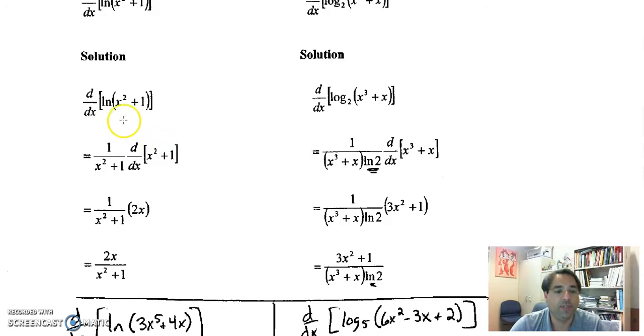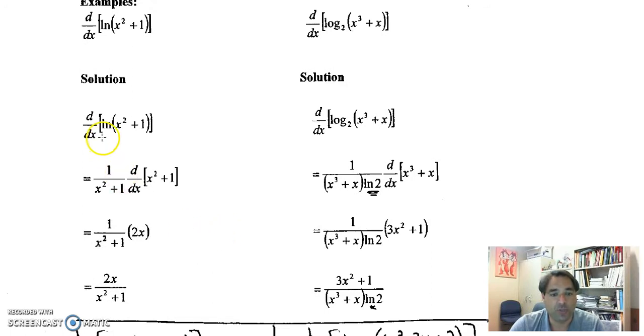So for this example, the derivative of natural log of x squared plus 1 would be 1 over x squared plus 1 times the derivative of whatever you're taking the natural log of. So the derivative of x squared would be 2x, the derivative of 1 would be 0. So the derivative would be 1 over x squared plus 1 times 2x, which would be 2x over x squared plus 1. Okay? That's for natural log.